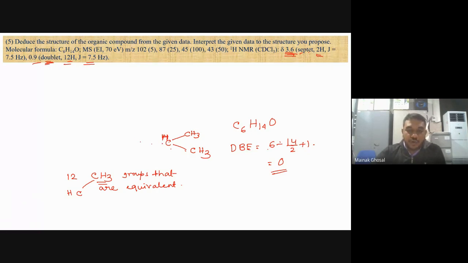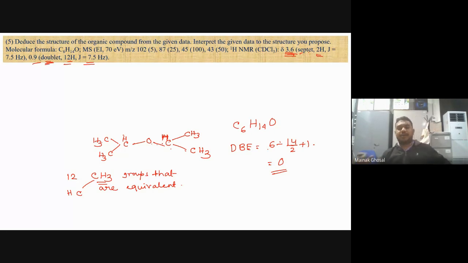And this 2 hydrogen, that means there are 2 carbons or 2 hydrogens that are equivalent. And see, this is an equivalent structure. This is equivalent, this hydrogen is equivalent, all the 4 methyls are equivalent, and you are left with only one oxygen. That means there must be some ether linkage.